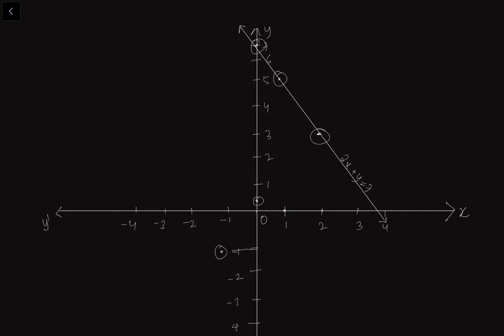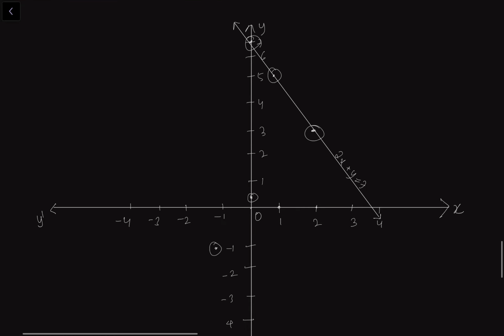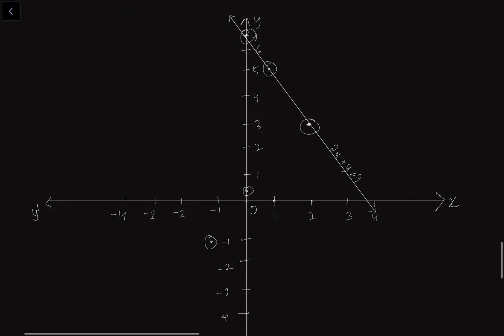I have already said you don't need to draw these, but you can for understanding. And then when x is 2, y is 3. Obviously this is our common point, we already know since we have solved these equations. So this point is common to that line as well as this line.